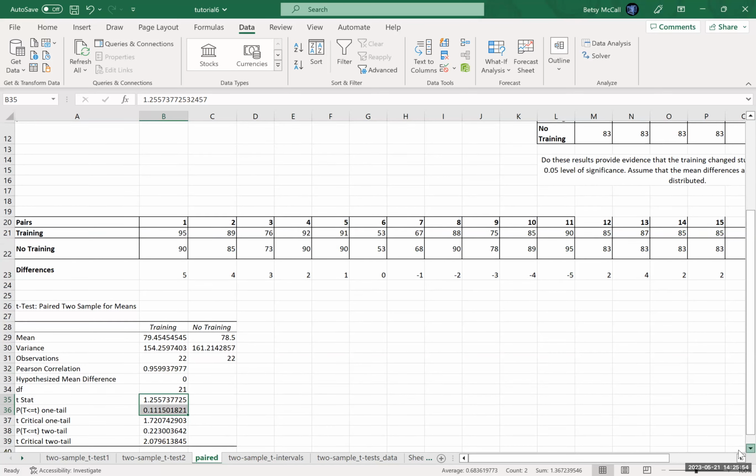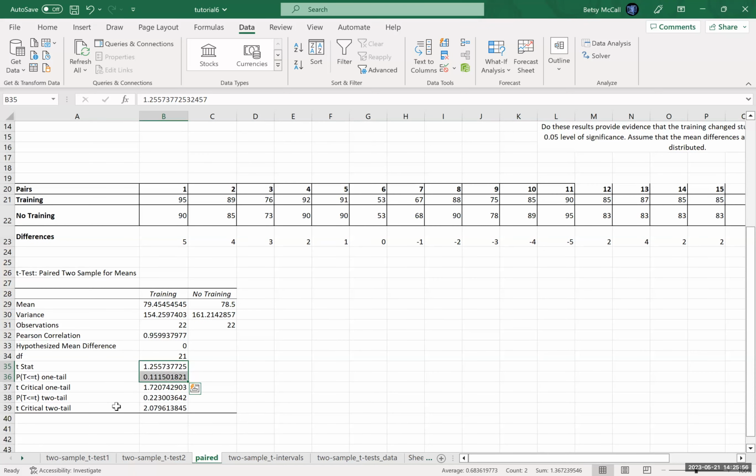It's going to automatically produce some additional output. It gives us both the one-tailed and the two-tailed values. It gives us the correlation in case we were doing a scatter plot type analysis. And it also gives us means and variances of both data sets separately.